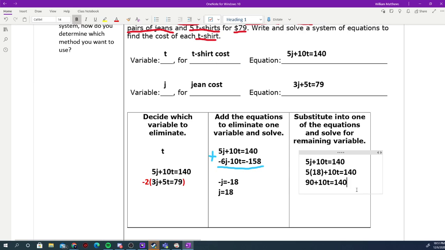Subtracting 90 from both sides leaves me with 10t equals 140 minus 90, which is 50. And then dividing both sides by 10 will give me 5. So in this case, J, my jeans, are worth $18 a pair, and my t-shirts are worth $5.